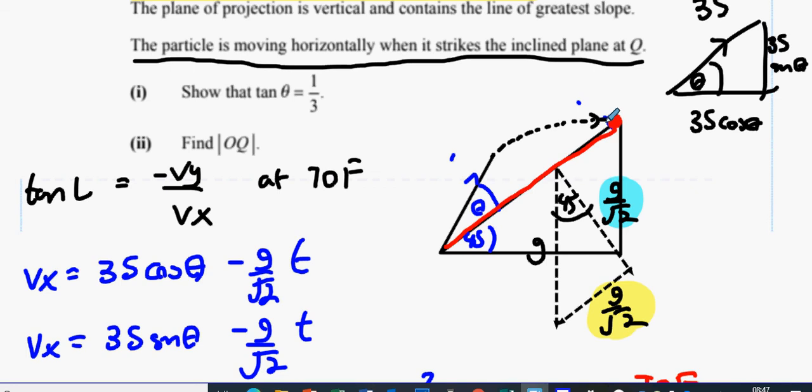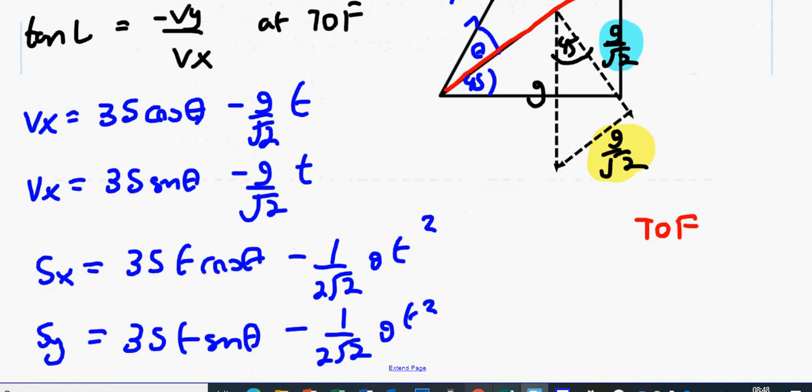Sy is how far you're above the plane. So if I'm up here, let's say I'm in the air, that'll be like Sy equals 20. But you can see that I'm not actually above the plane when I land. This means Sy equals 0, because if you're not above the plane, your Sy is 0. Okay, so we're going to start with Sy equals 0, which is this one here.